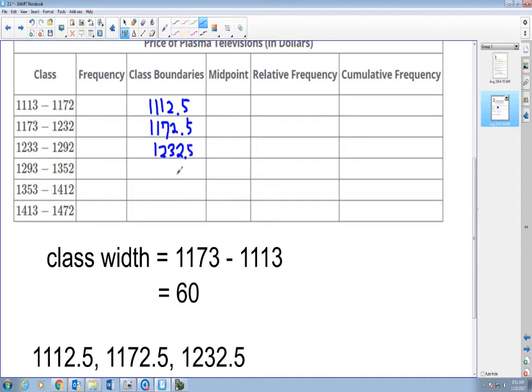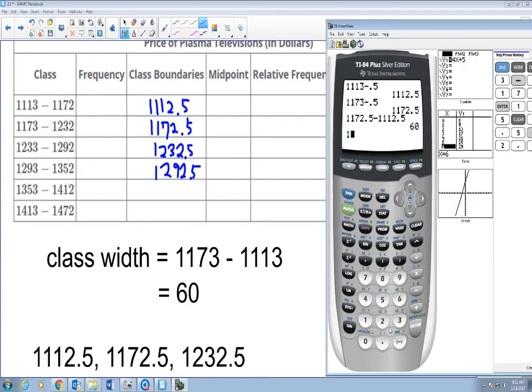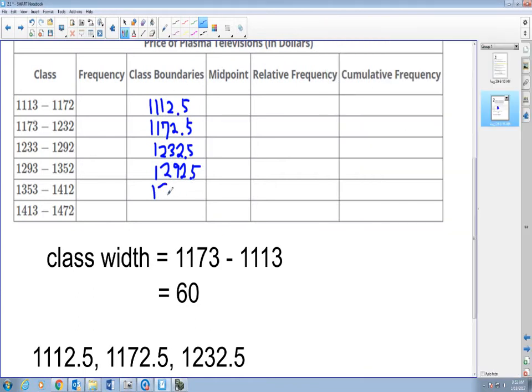So if I add 60 to it, that will be 1292.5. 1292.5 plus 60, 1352.5.